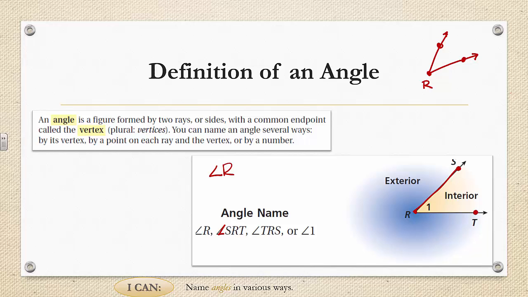We can also name it the other way around. We could start here at T and go TRS, and it's going to be exactly the same angle. And then the other thing that we tend to do is on the inside of an angle, we tend to give it a number. So if there's more than one, we can quickly name it, this is angle number 1. I can name angles in various ways.